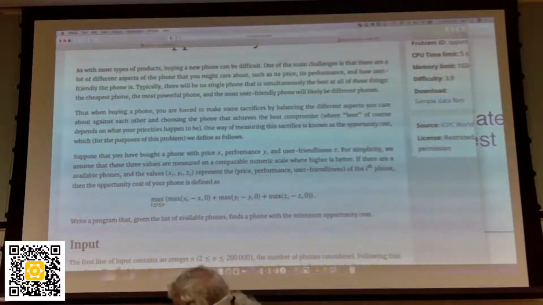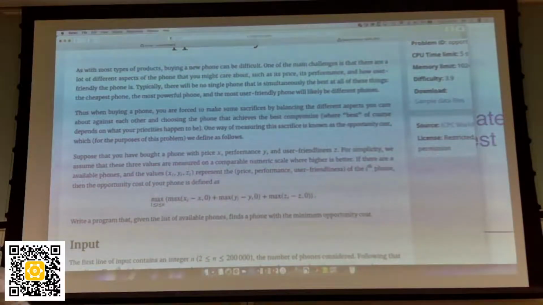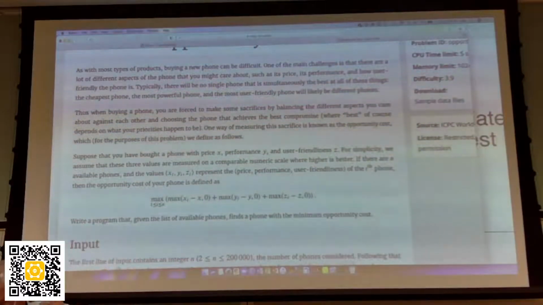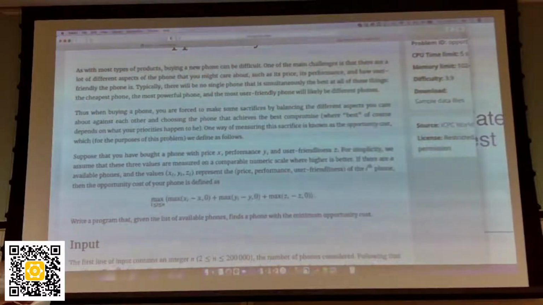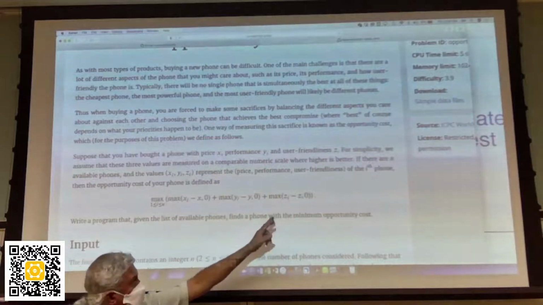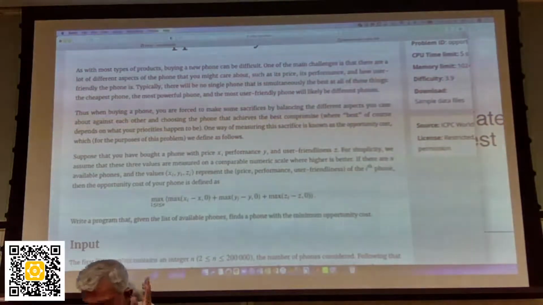So each phone, right, you want to compare its opportunity cost. So the X without the I, that is the current phone you're on. The XI is what you paid. This is what the ith phone costs, or price is. Here, this is the performance difference, and this is the user friendliness difference.